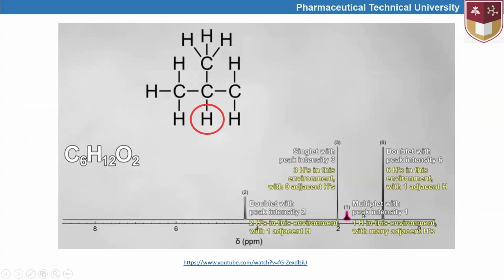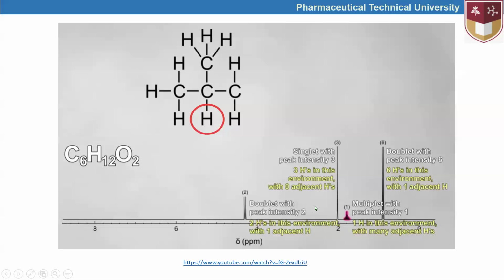So this multiplet can be understood that it belongs to this kind of structure. Why this kind of structure? Because it belongs to one hydrogen. Here it's indicated as one.